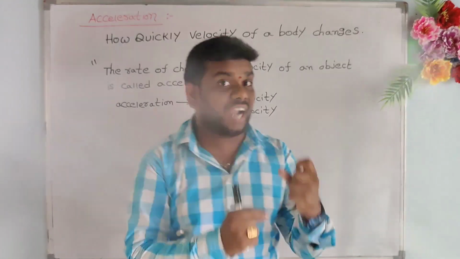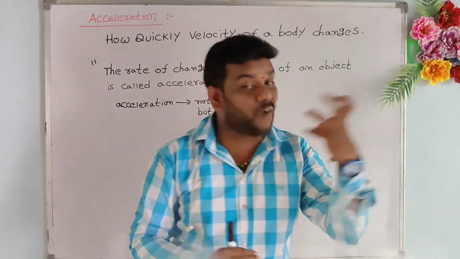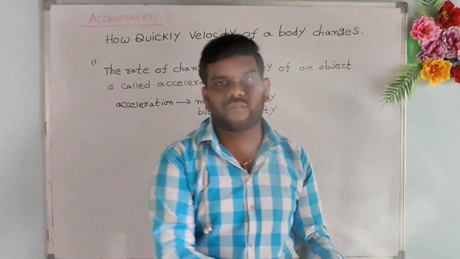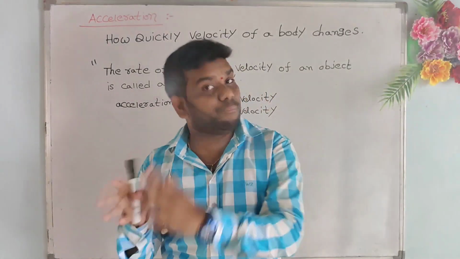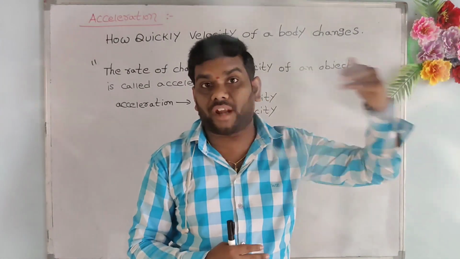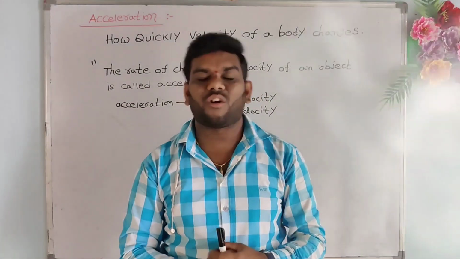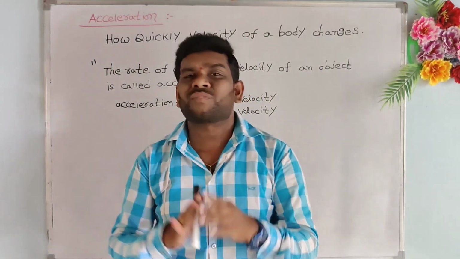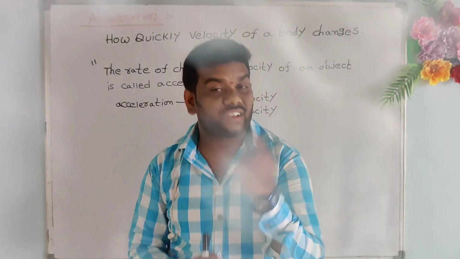Okay, students, starting velocity is called U. Ending velocity means final velocity, when the train reached Bhimavaram. That point is called final velocity, indicated by the letter V. So from the initial velocity to the final velocity, there are so many changes. One is time changes, another is velocity changes.